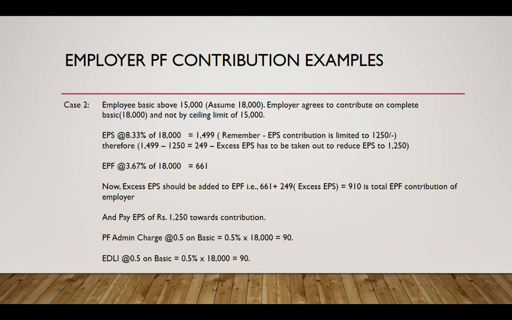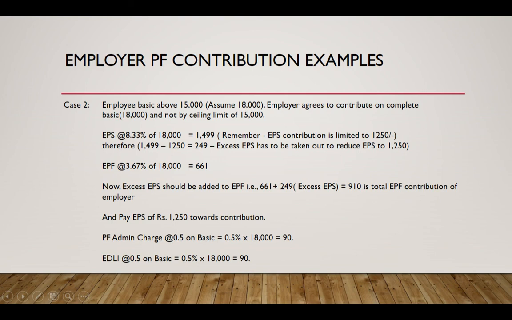So we need to subtract 1,250 from the resultant amount so that we can remove the excess EPS, and with this the EPS contribution would be 1,250 rupees, and the EPF contribution at 3.67% amounts to rupees 661, and the excess of EPS of rupees 249 rupees should be added to the PF contribution.